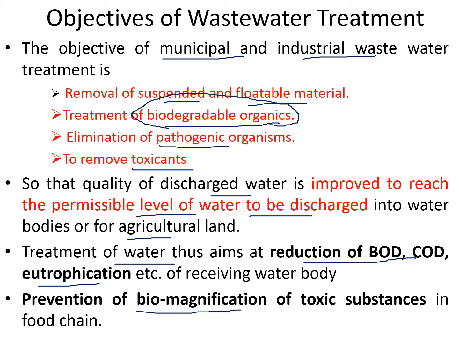Also it should not result in biomagnification of toxic substances, which may affect your food chain. So all these are the objectives of wastewater treatment. Here you can see that more impurities are to be removed as compared to water treatment. Here the wastewater treatment plant layout is more complicated as compared to a water treatment plant.